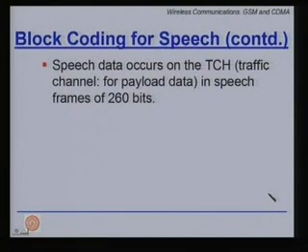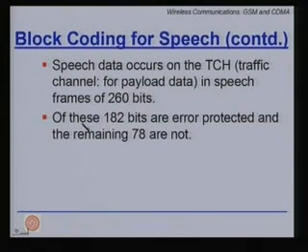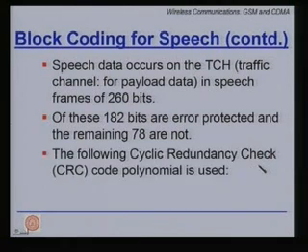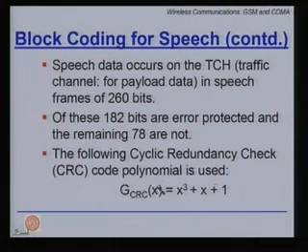Speech data occurs on the TCH, which is the traffic channel for the payload data, in speech frames of 260 bits. Okay. So, this 260 bits is coming on the speech frame. Of these, 182 bits are error protected and the remaining 78 are not, and the following cyclic redundancy check, CRC, code polynomial is used for GSM.